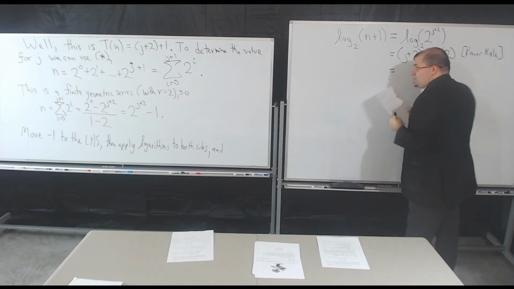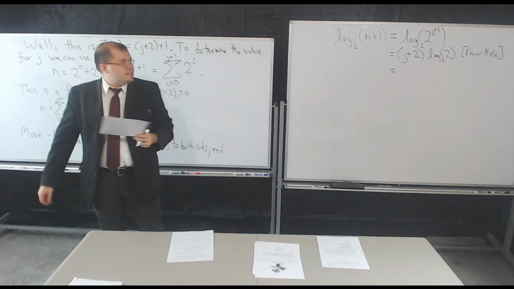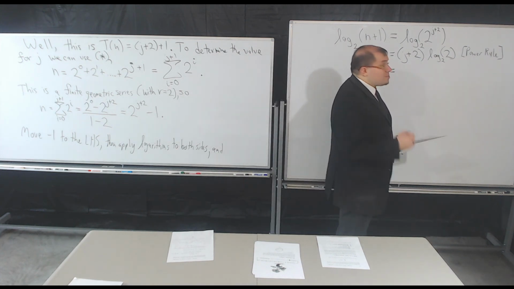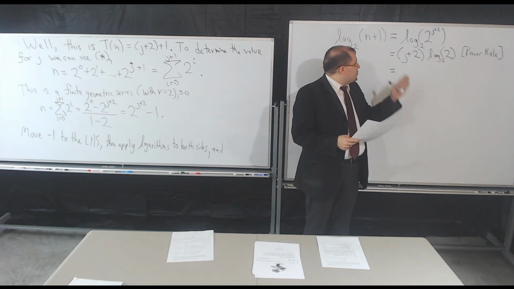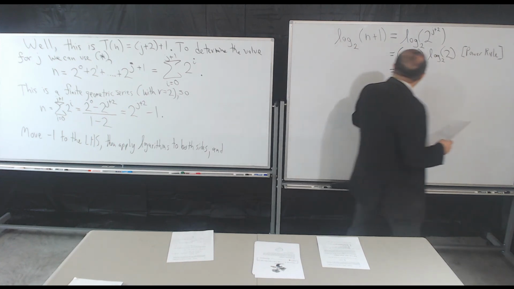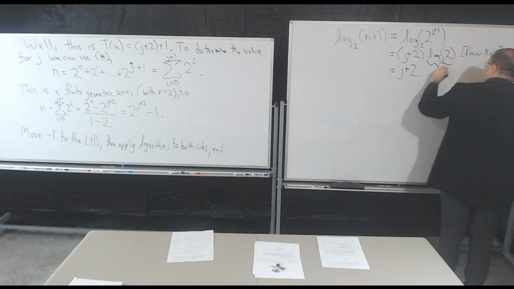And now this is the great part. What's log base 2 of 2? I'll ask you a very simple question. What exponent can I take to the power of 2 so I get back 2? 1, right? So this is just equal to j plus 2, because that's just 1. This is 1 right here.